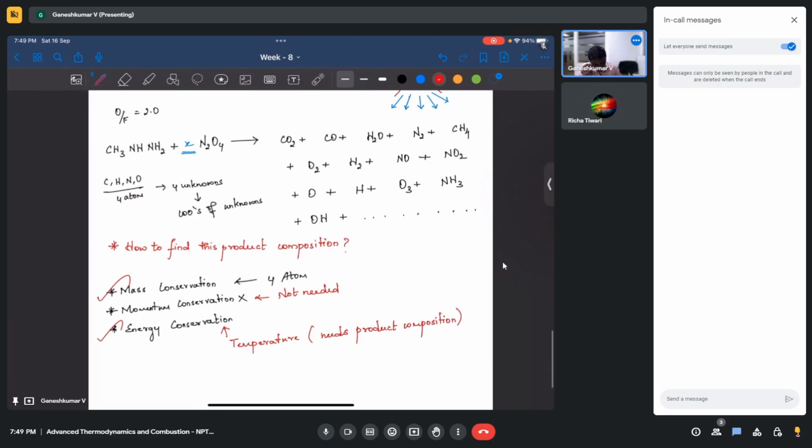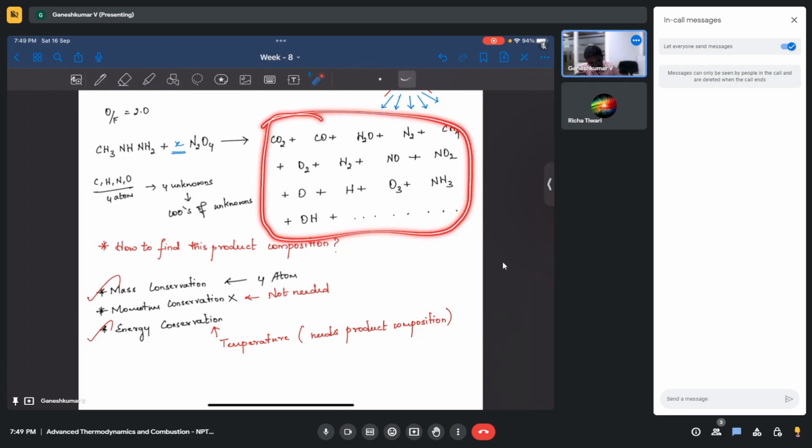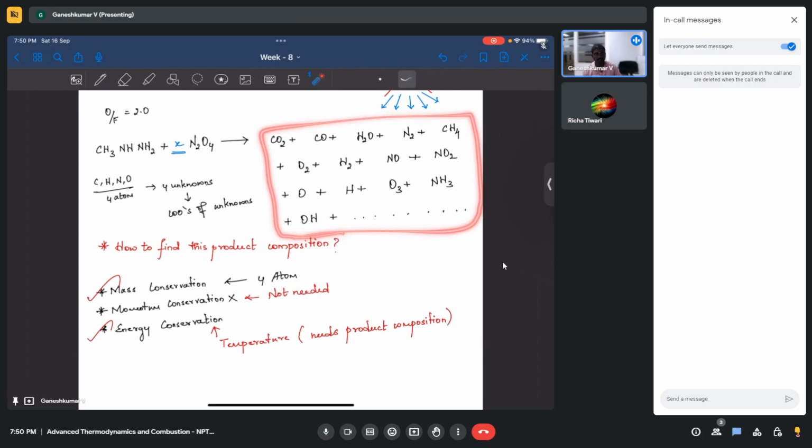My question is, I used all the fundamental equations. So this is the problem I have. How do I find this product composition? Do you have any idea? Or did we miss some fundamental concepts here? What can we come up with to find the composition of products?